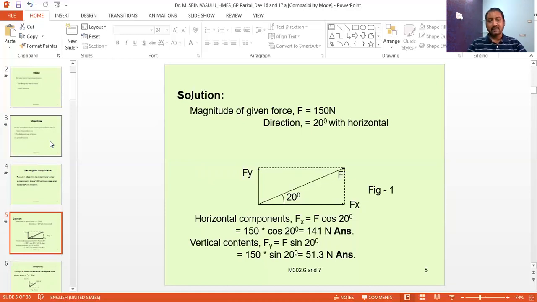So for the given problem, the horizontal component Fx is equal to 141 newtons and the vertical component Fy is equal to 51.3 newtons. These are the answers to the given problem. Now after this we will go to the next problem.